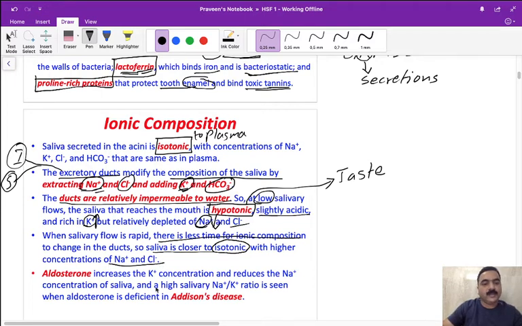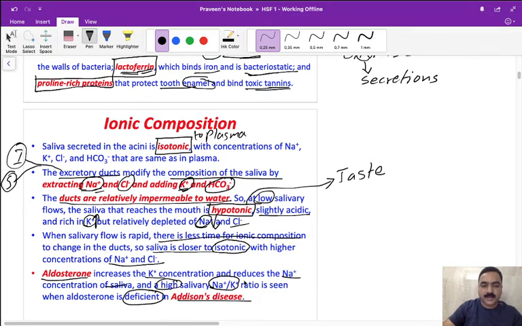From the exam point of view, you have to remember that aldosterone increases the potassium concentration and reduces the sodium concentration of the saliva. So in a disease condition where there is deficiency of aldosterone, called Addison's disease, what will happen to the sodium and potassium ratio? As you can imagine, it will become high.